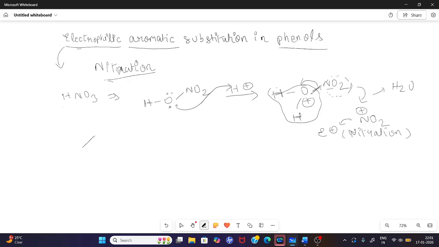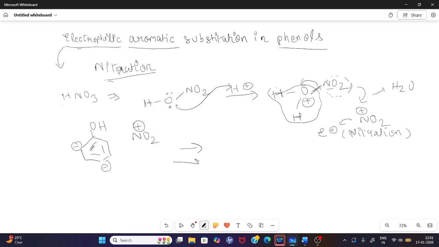So we already know that if we have a phenol ring here, and if there is an electrophile like NO2 plus here, we have just seen that the ortho positions and the para positions are highly populated with electron density.